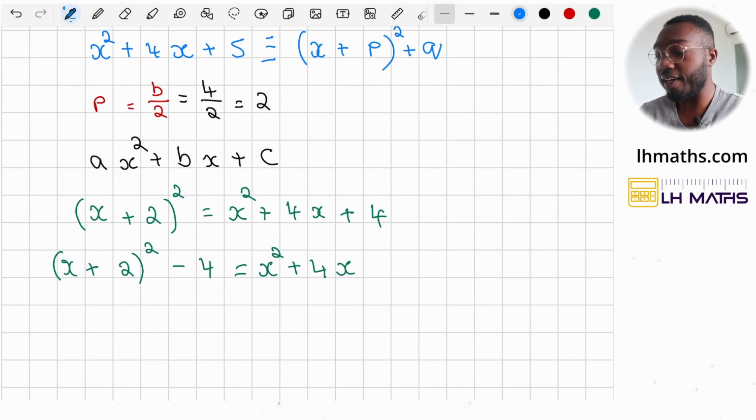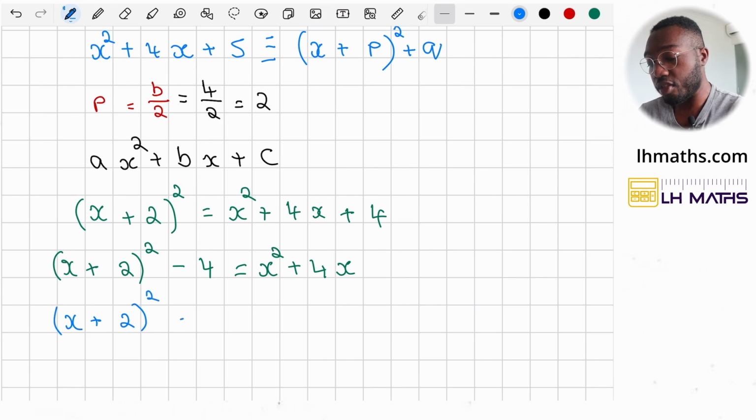So now we have an expression for x squared plus 4x, and now we can rewrite it in the form x plus p squared plus q. If we do that, then we would have x plus 2 squared minus 4. And then don't forget, you need to add the 5, because we've done nothing to the 5. We've just focused on the x squared plus 4x.